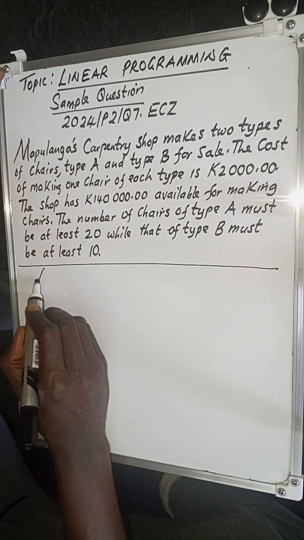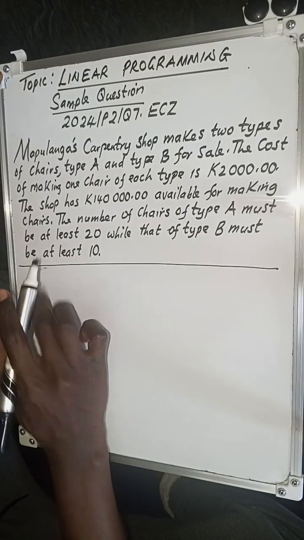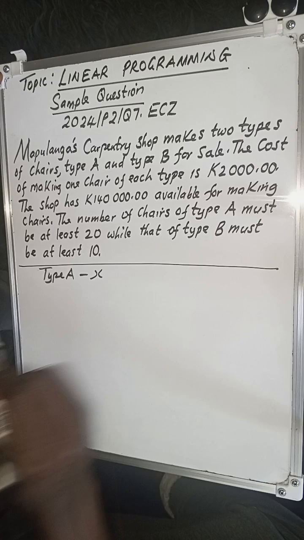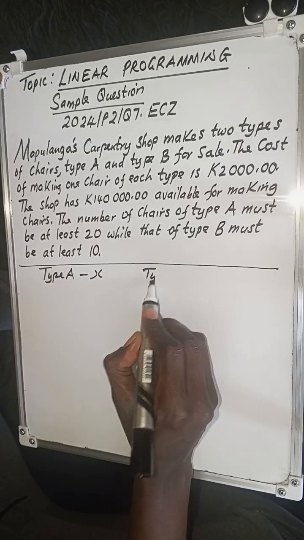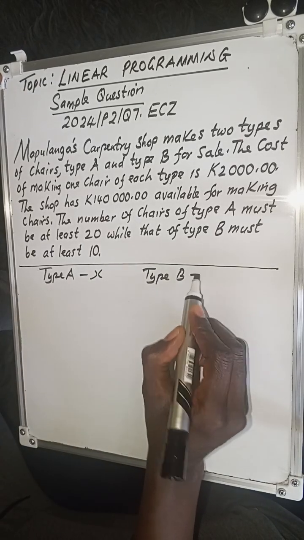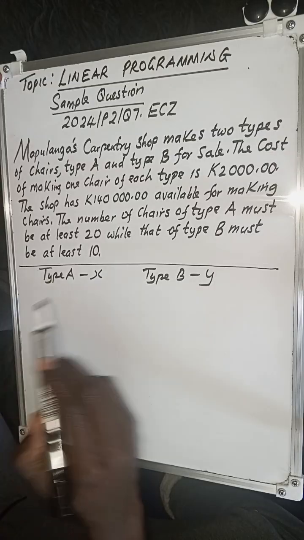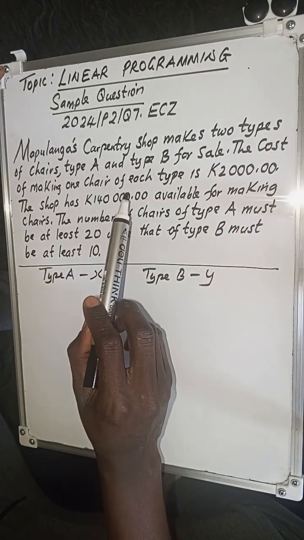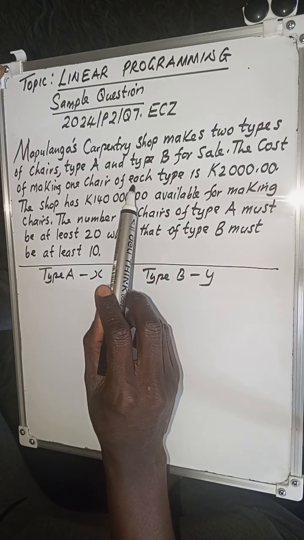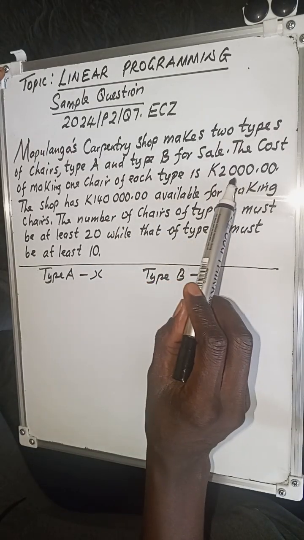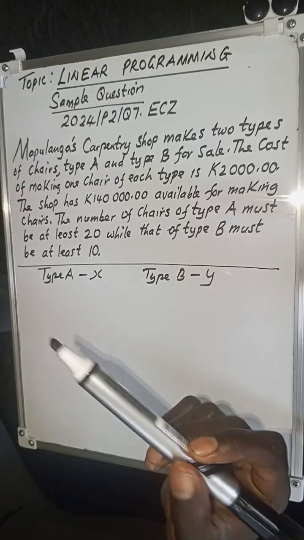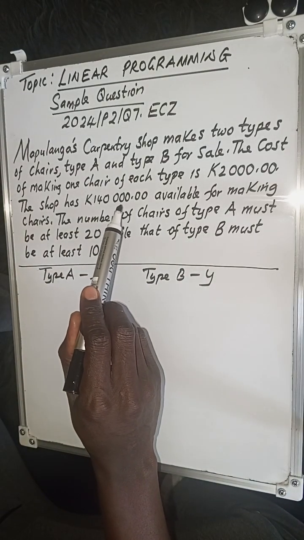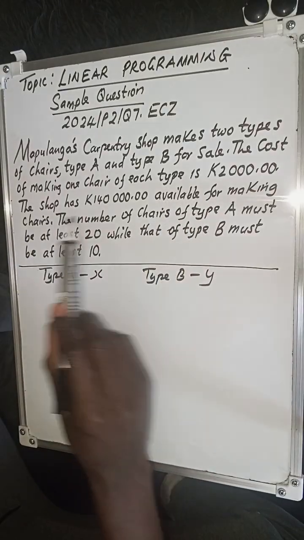So they have type A, and type A is representing X. Then they also make type B, and type B is representing Y. Now the cost of making one chair of each type is simply 2,000 kwacha. And the total money that they have is 140,000 kwacha available for making the chairs.